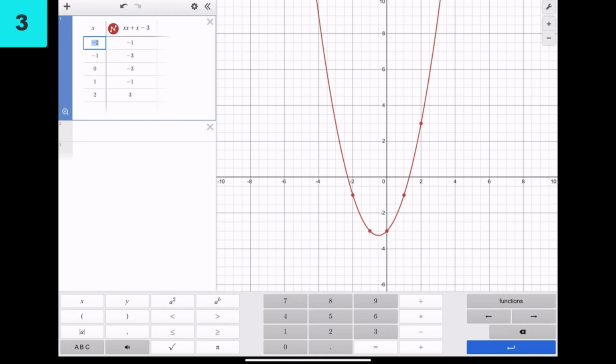And if you want other values that are on there, for example, minus 3, you can just type it in and you'll get a value. Let's just say I wanted positive 3. It'll get the answer for you, 9. Okay, let's go back.